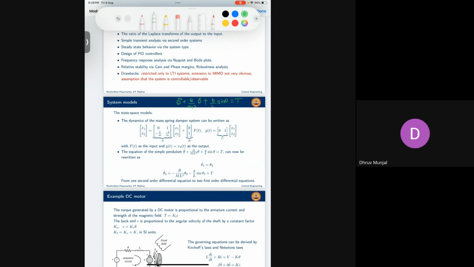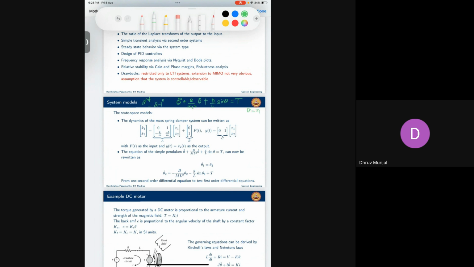Now this is a second order system. We want to convert this to first order systems, right? So how can I do that? First point is converting the nth order differential equation to n first order equations. Second is to assign a variable. How can I assign a variable? Theta equal to x1, I'm taking.